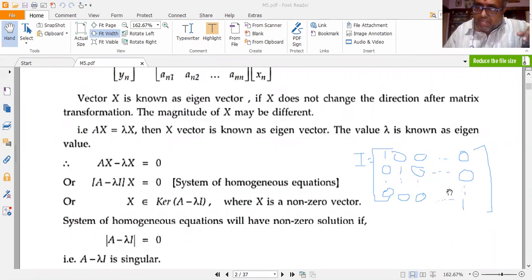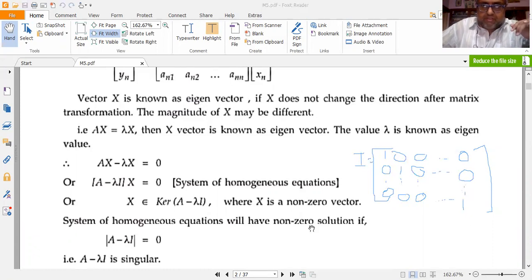So along the principal diagonal, it has elements of 1. That's why if I multiply any matrix with the identity matrix, I get the same matrix itself.